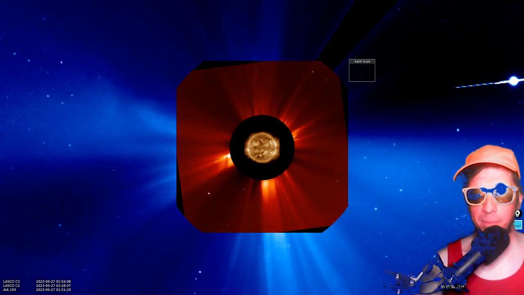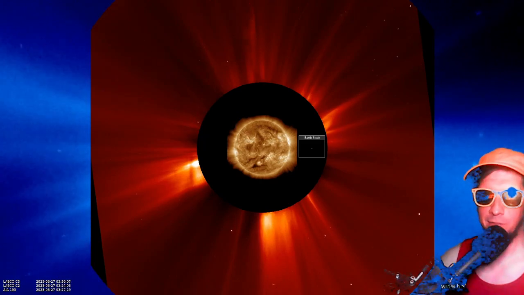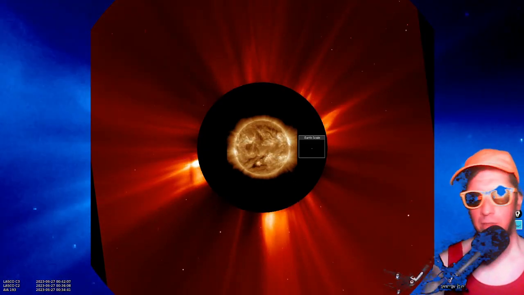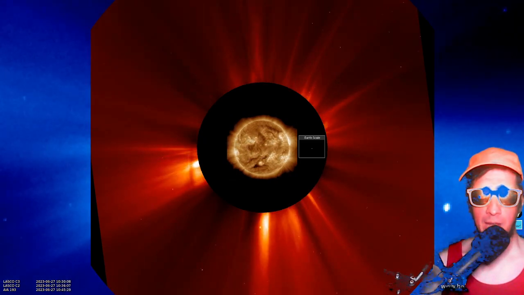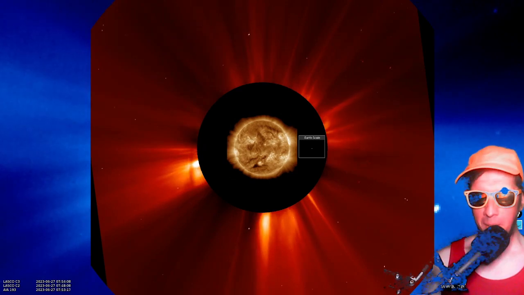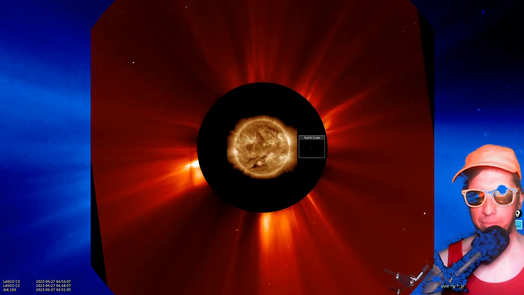That is suboptimal. If those CMEs are earthly directed, they will be glancing blows. None of those are direct Earth strikes. And I would agree that the one that's off to the east may have an earthly directed component, but I doubt it. I'll give it about a 10% chance of striking Earth.